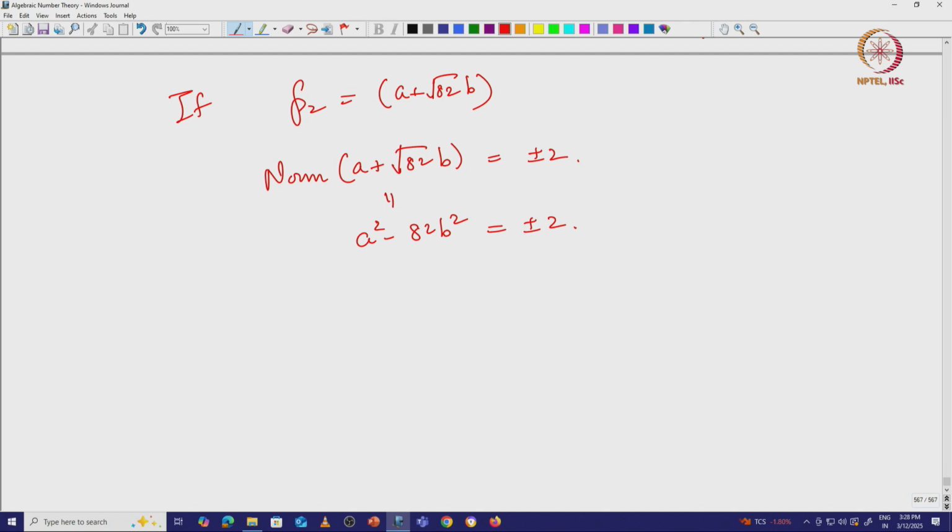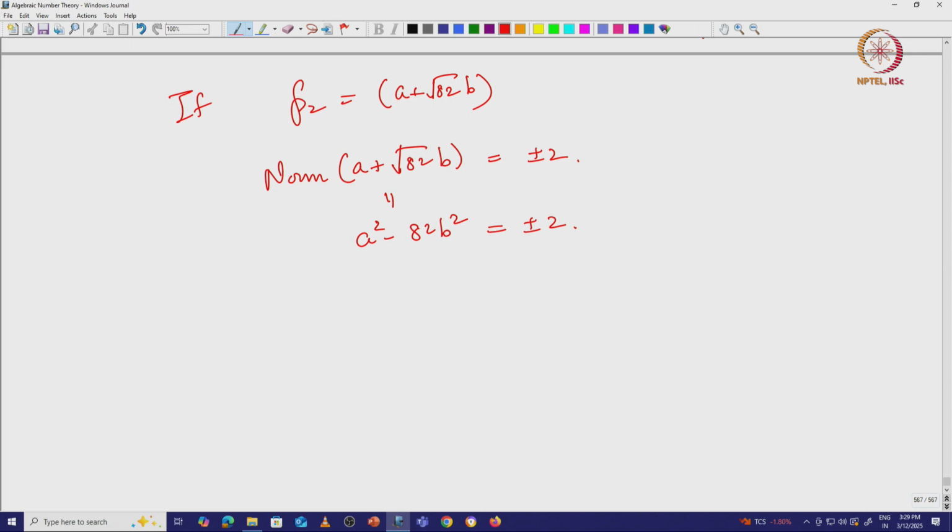So, I want to say whether this has a solution or not, and in this particular case it is not hard to do. Normally I would look at things modulo prime factors of 82 and see that there is no solution, but that does not work in this case, because 2 is a square modulo 41. So, that will not work.